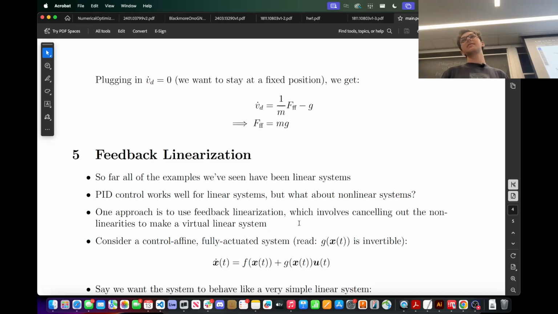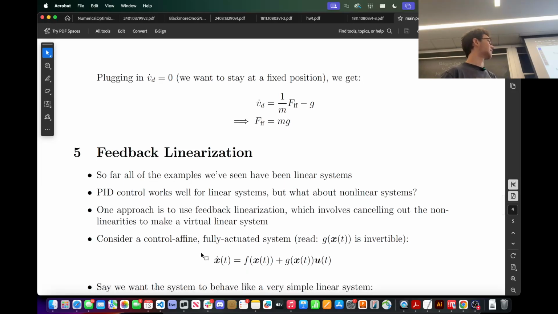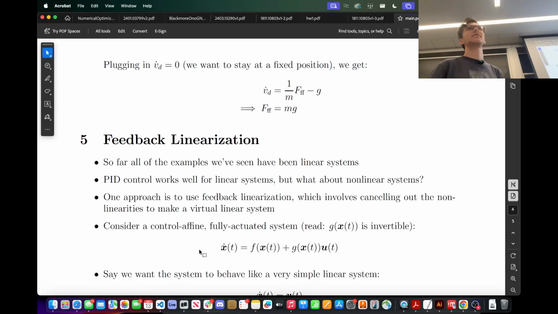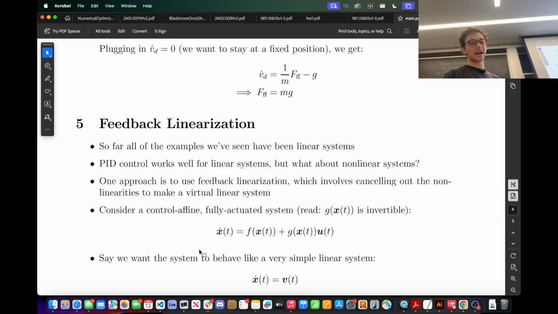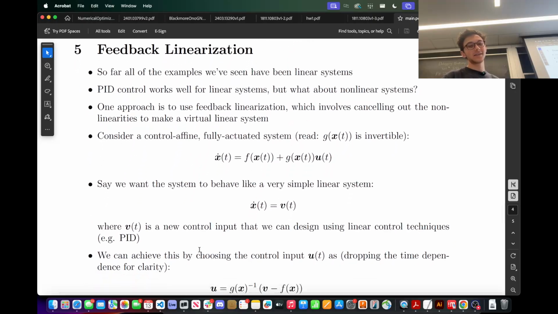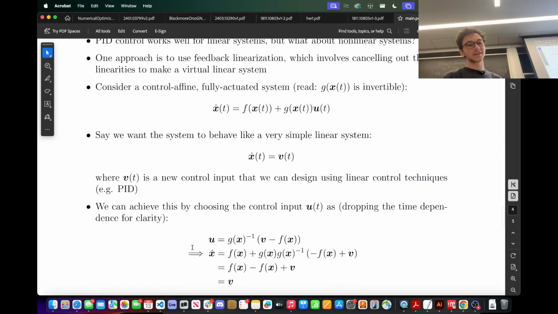So I'm going to take the second form of the dynamics equations that we saw before, which is called the control affine system. And I want you to think that G, which is a matrix, is invertible or pseudo-invertible. So I'm going to do a little bit of math here that will involve the inversion of G, and this classifies systems.